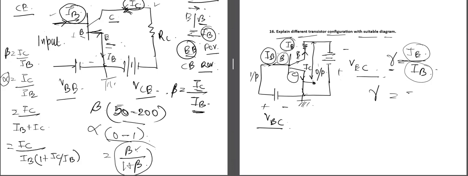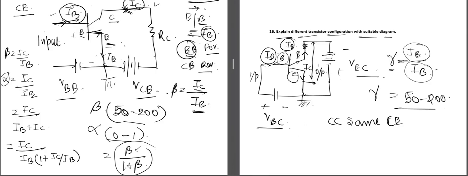If the value of beta ranges from almost 50 to 200, gamma also varies in the same way. The current gain in the CC configuration is almost the same as in the CE configuration, around 50 to 200. But the voltage gain in the CC configuration is always less than 1.